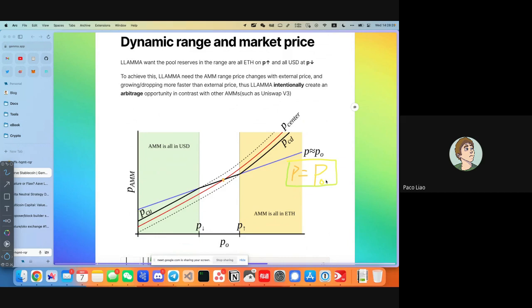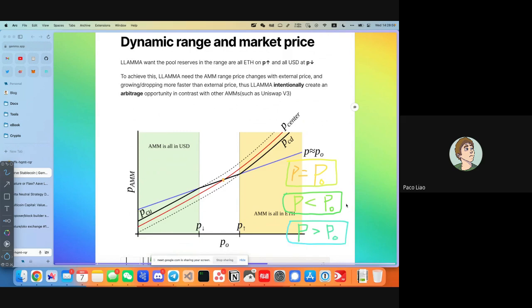If the price goes up, the external price will be higher than the market price in Uniswap. But in Llama, it's different. In Llama, the market price is actually higher than the external price because it goes up with the external price and increases faster. So this is the difference between Llama and Uniswap.